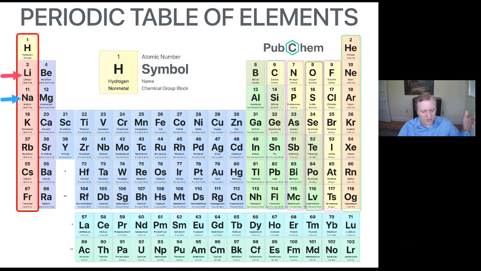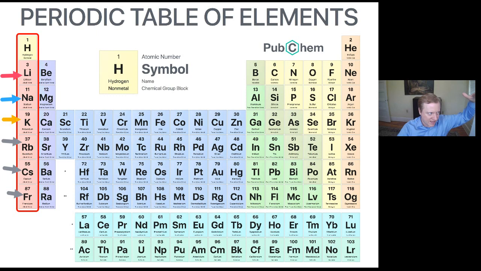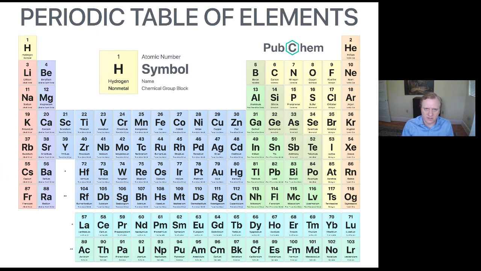And so lithium, sodium, potassium all have similar properties. These are very reactive metals. So the first way in which the periodic table is arranged is number of protons. The second way is that if you look up and down on these columns, you will find elements with similar properties.